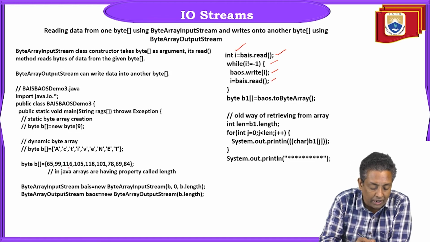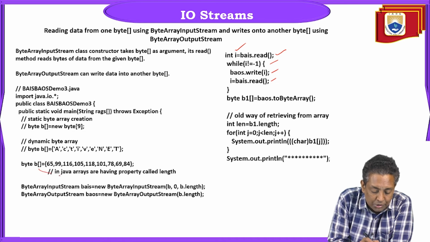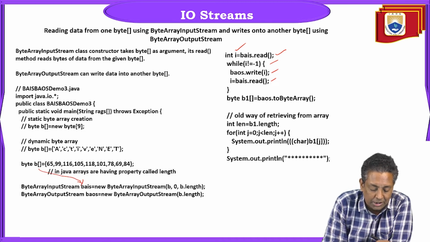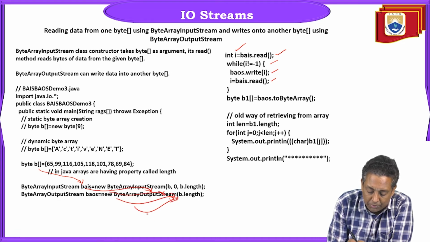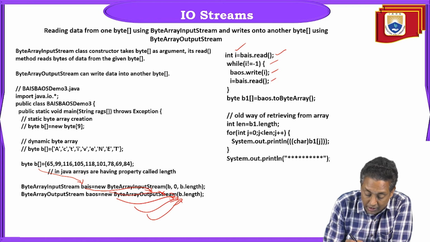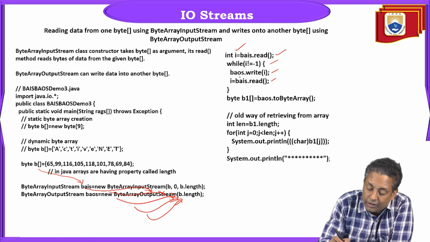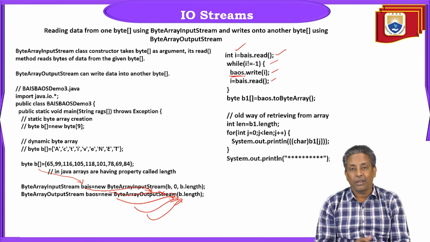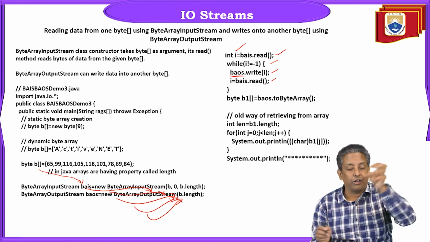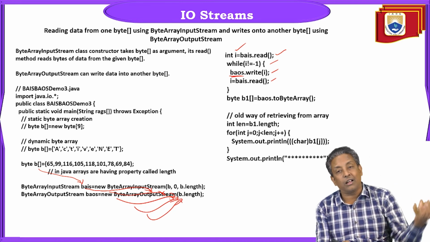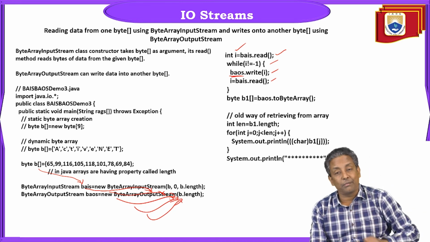Finally, the data coming from this byte array comes to the byte array input stream. This is reading, and it will write byte by byte into this buffer output stream. And the whole process of writing will take place into the byte array output stream. Inside the byte array output stream, one temporary array will be created. Into that, all the 1024 bytes of data or something, this much data will be dumped into the byte array output stream.